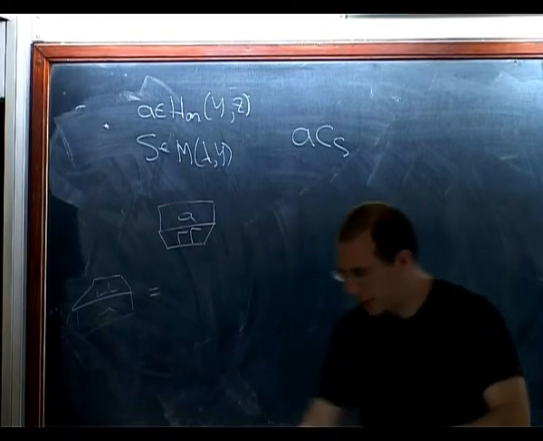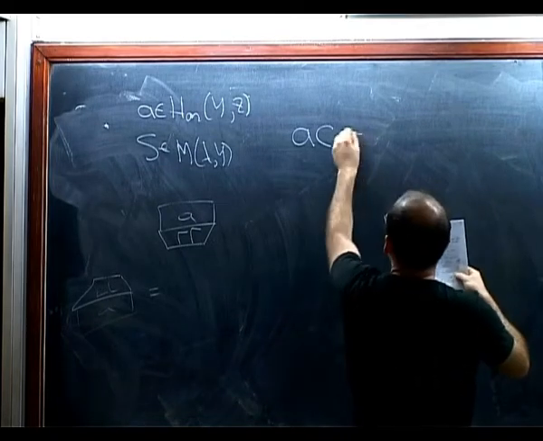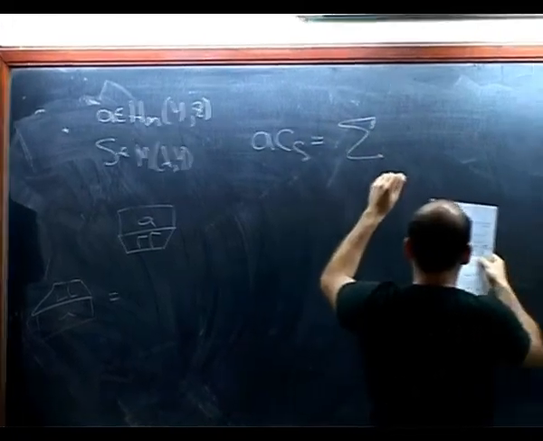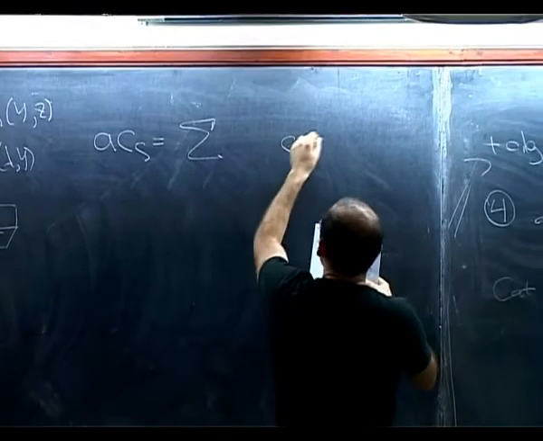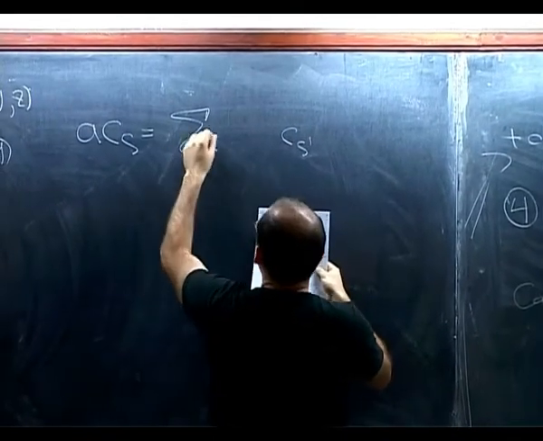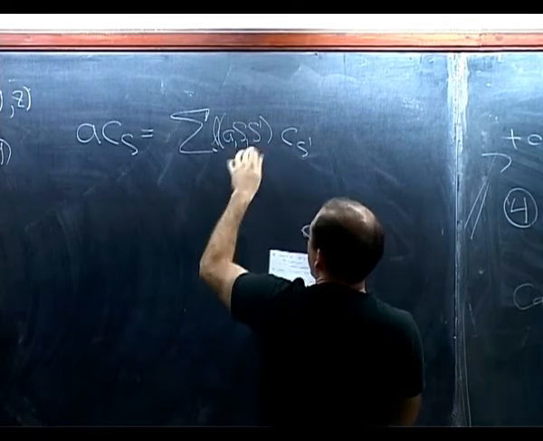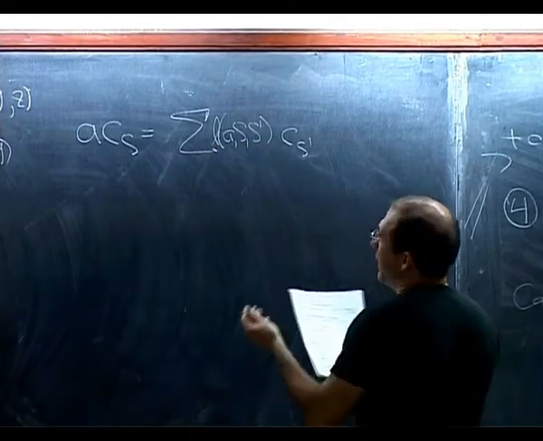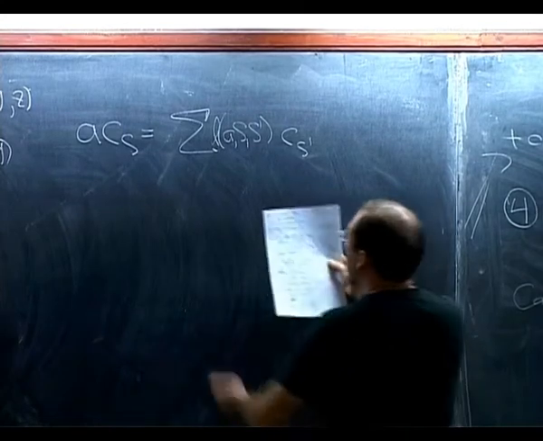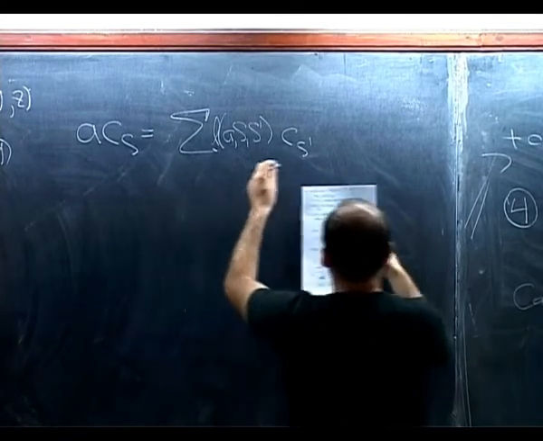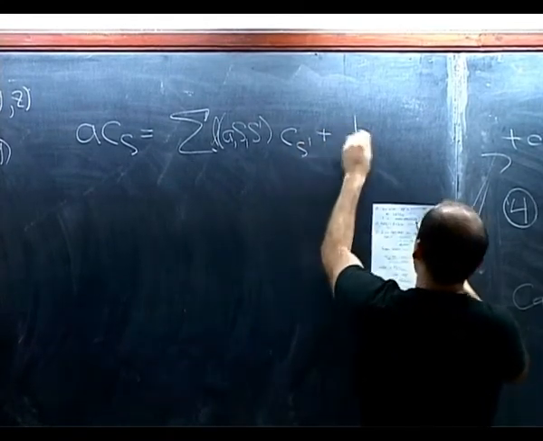So the point is that when you multiply these things, this is supposed to be some linear combination of CS primes. So the coefficient is called LASS prime, some arbitrary coefficient depending on A and S. So some linear combination plus lower terms.